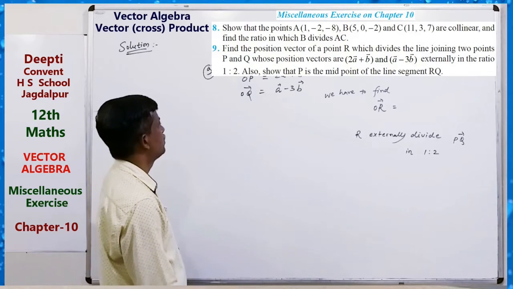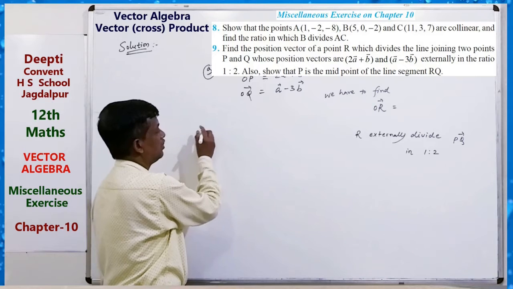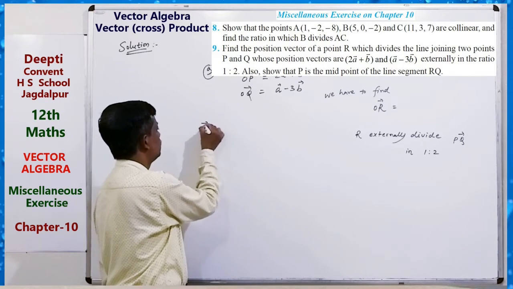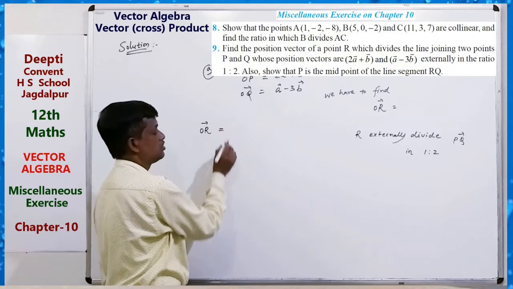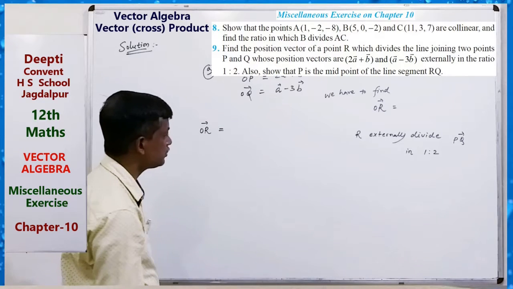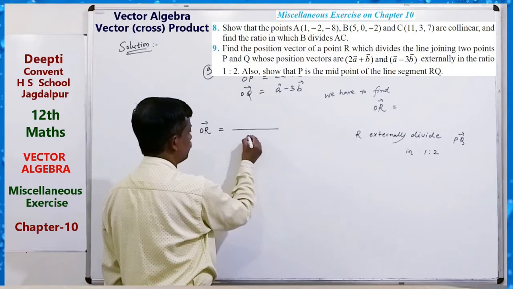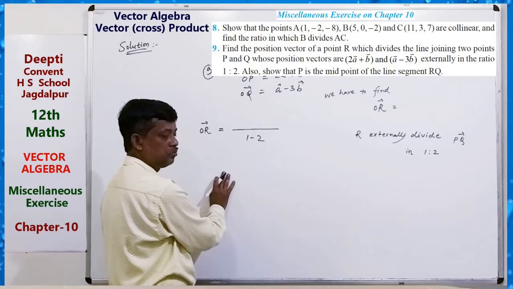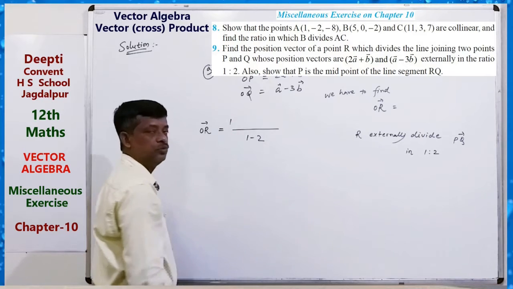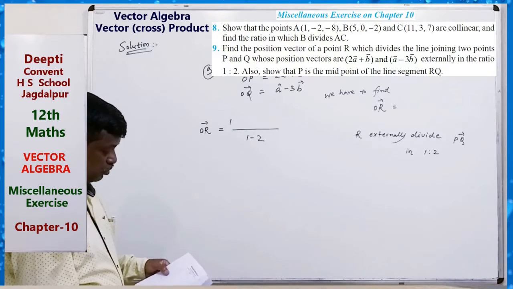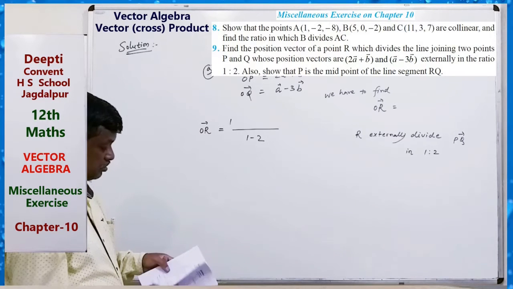So here OR equals (1 into Q minus 2 into P) upon (1 minus 2).